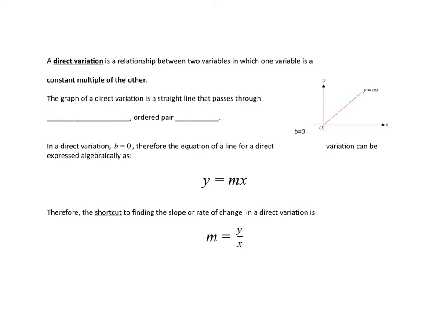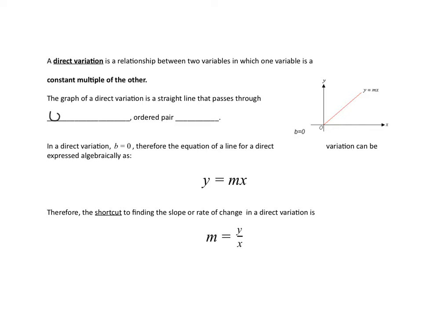A direct variation is a relationship between 2 variables in which one variable is a constant multiple of the other. What that means is that your data points are increasing or decreasing by the same consistent value. That's going to create a linear relation, or data points that graph as a perfectly straight line. What's very specific about the graph of a direct variation, though, is that it is a straight line that passes through the origin.